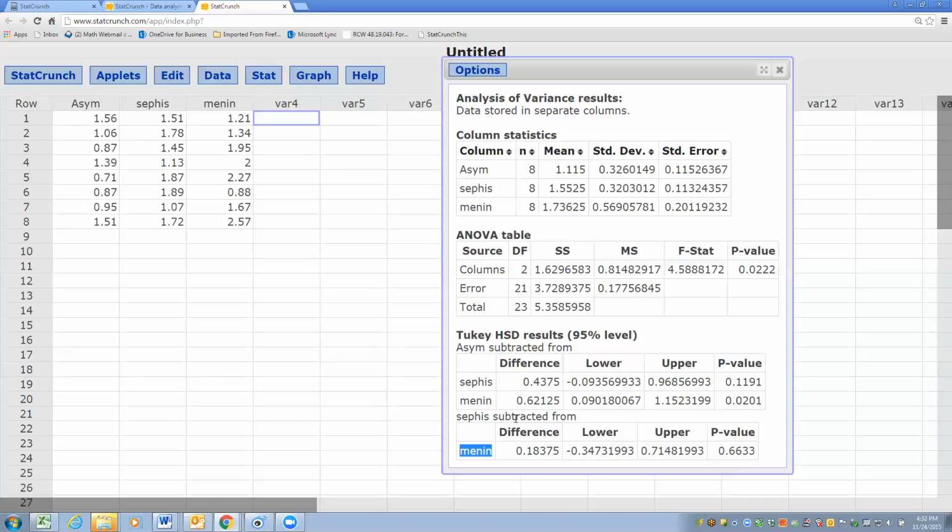Okay. So for this example, we had that asymptomatic was not the same as those with meningitis, but we had no proof that those that were asymptomatic are different than those with sepsis, and no proof that those that had sepsis were different than the meningitis.